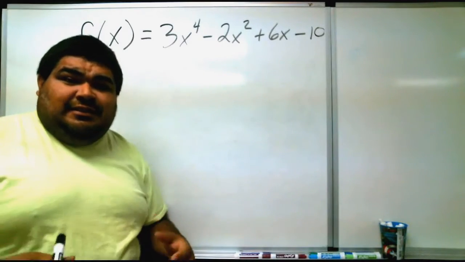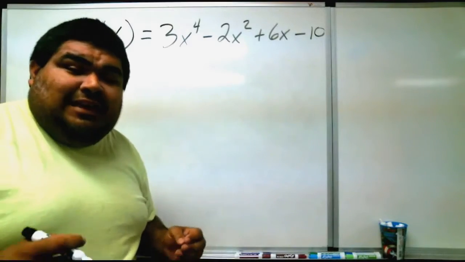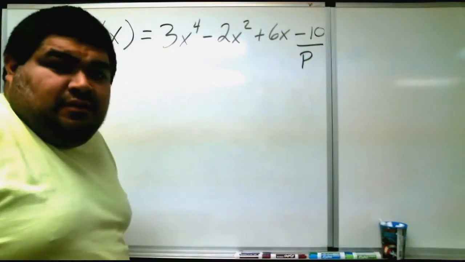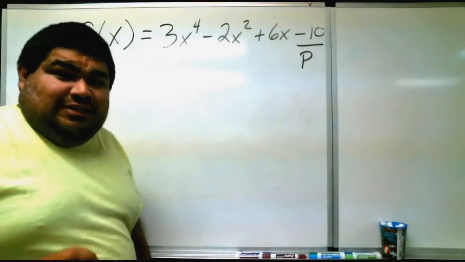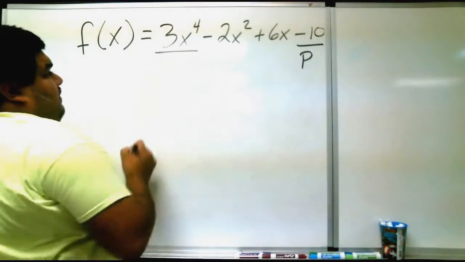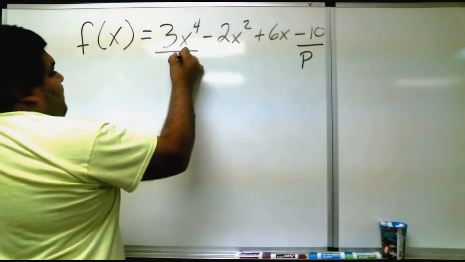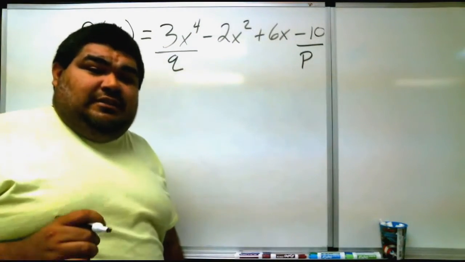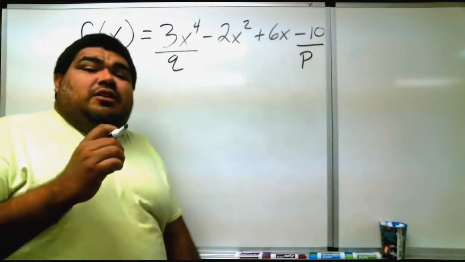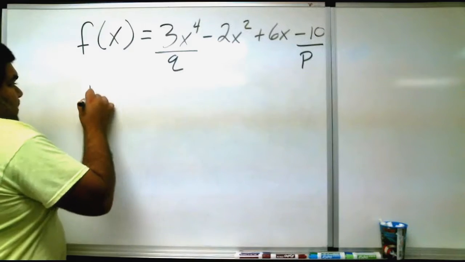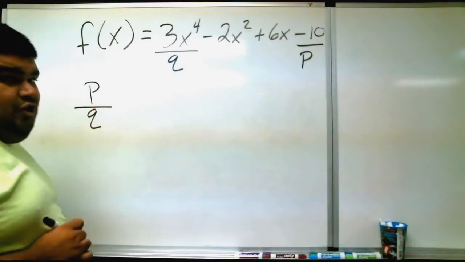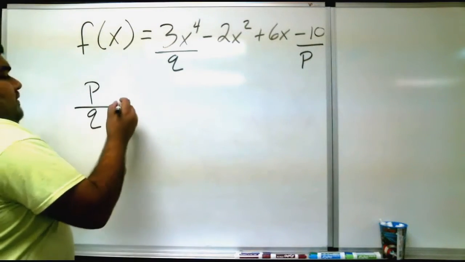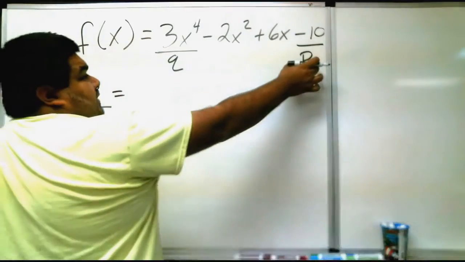Your constant, we're going to call P. For your leading coefficient, in this case the 3, we're going to call it Q. The reason why is because there's an equation that says in order to find all the solutions, it's P over Q. In this case, P is 10.